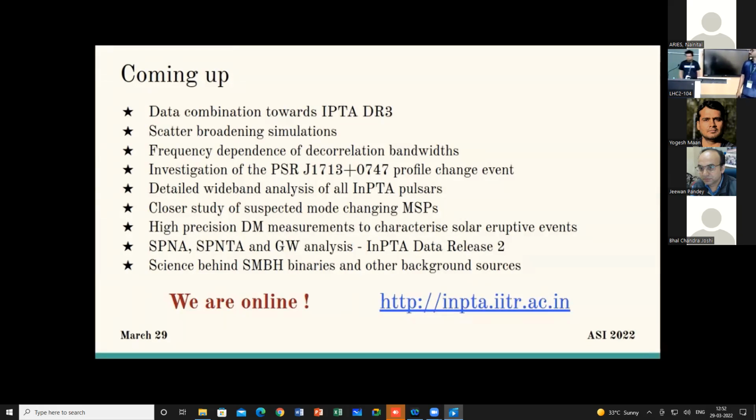Then we have proposed projects on single pulsar noise analysis, single pulsar noise and timing analysis, and gravitational wave analysis, and of course, the science behind supermassive black hole binaries and other background sources.